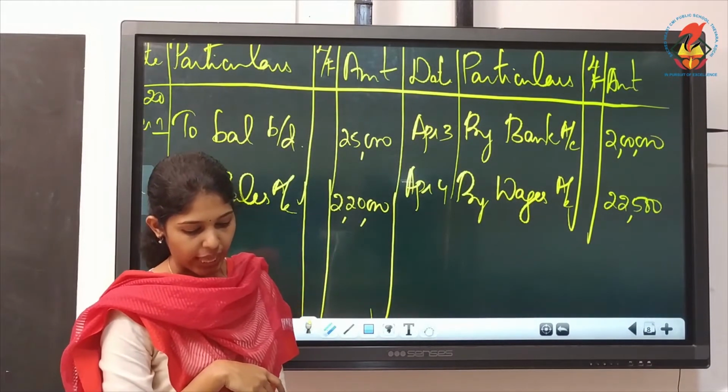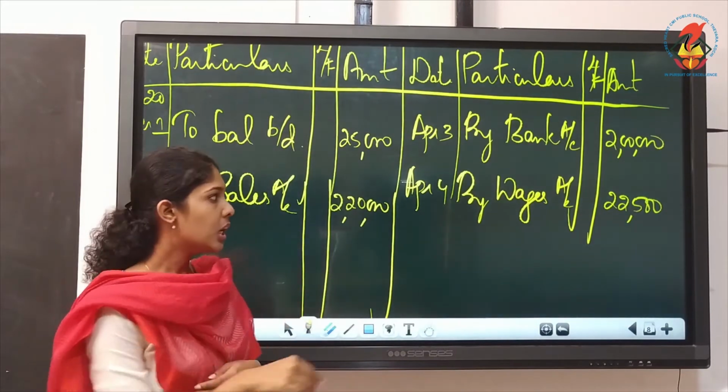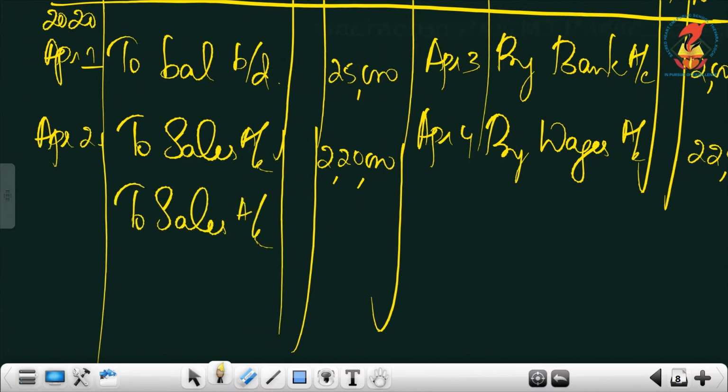The next one, cash sales. Okay, so the entry is cash account debtor to sales account. The amount is 1,80,000. Date is April 4th.